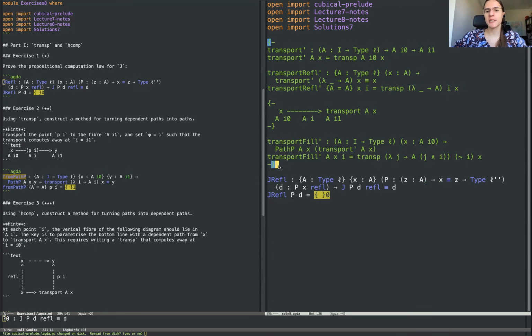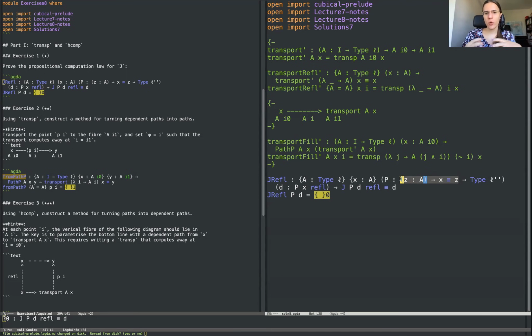So what is J? J is path induction. The motive of the path induction is parameterized by the path space. So if you start off with x and then you go in an equality somewhere else, then for every such path starting at x and going to any point z, we're going to define a type family over that data.